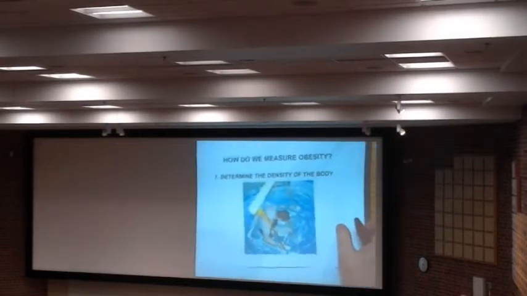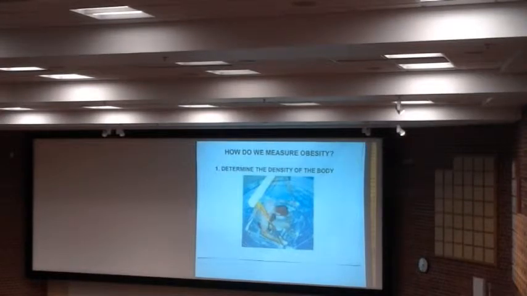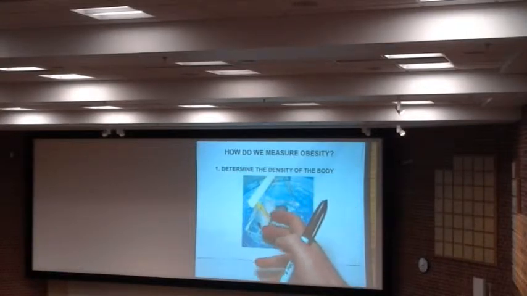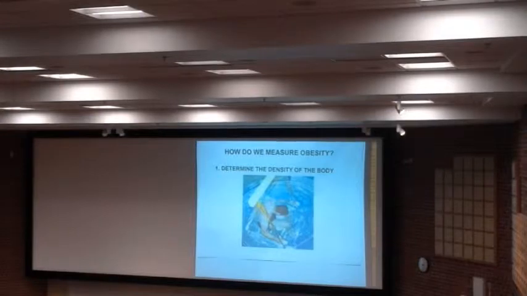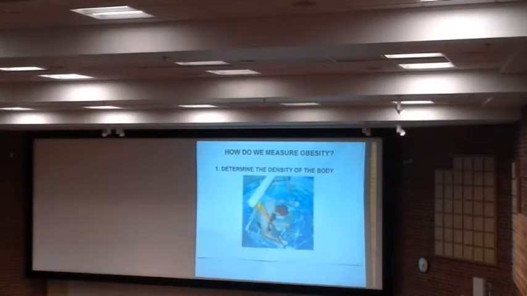Well, the most accurate way of doing this is to determine the density of the body. In other words, submerge somebody into a pool of water and see how much the water level rises. Calculate the volume of the body. Determine the weight of the body.